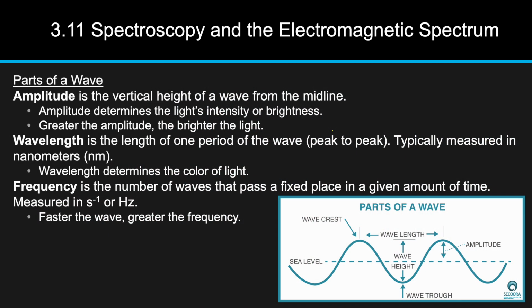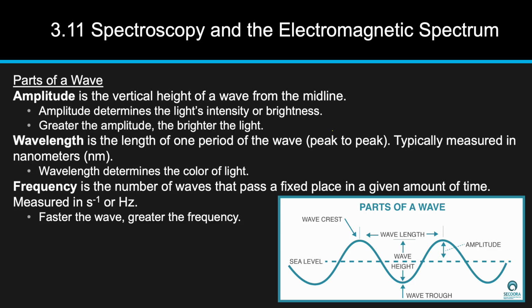When we describe light as a wave, there are three key terms we need to understand: amplitude, wavelength, and frequency. So amplitude is just the height of the wave from the midline. It's connected to the brightness and intensity of the light. The larger the amplitude, the brighter the light appears. Wavelength, like we said on the last slide, is the distance between two peaks of the wave.